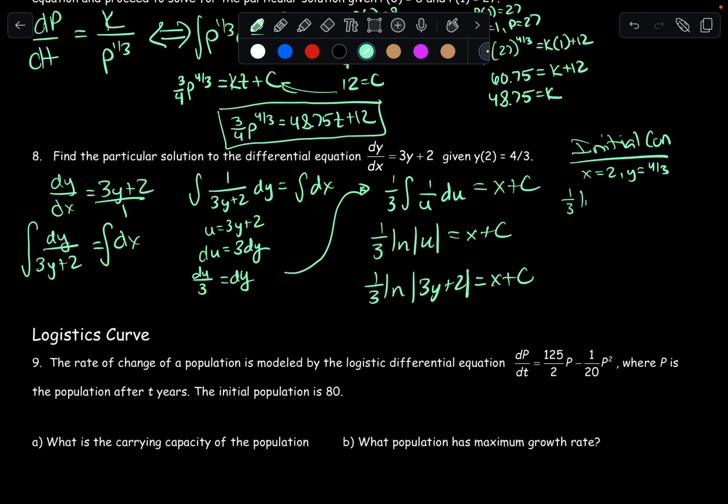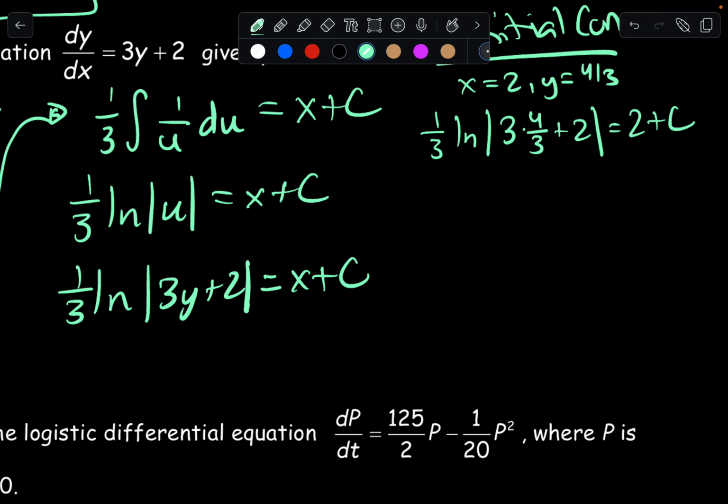So we have 1/3 natural log of 3 times y, which is 4/3, plus 2 is equal to 2 plus c. All right, so we have 1/3 natural log. The 3's cancel out, so we have 4 plus 2, which is 6, is equal to 2 plus c. So we get c is equal to 1/3 natural log of 6 minus 2.